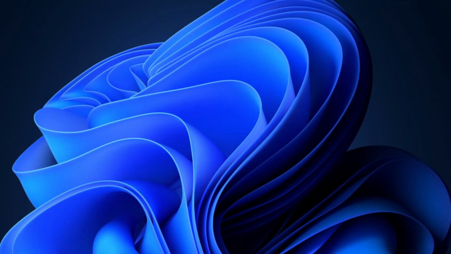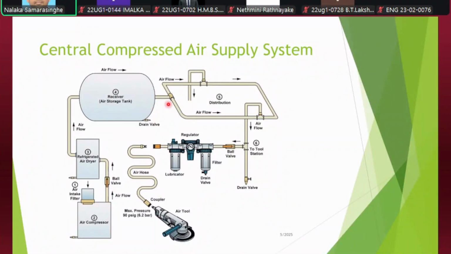From the receiver, there's a network of pipes to distribute air to various points in the manufacturing flow, to all the points where the machines are. So you can route this piping to those points where there is usage.